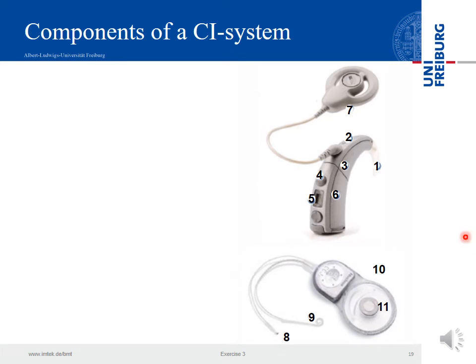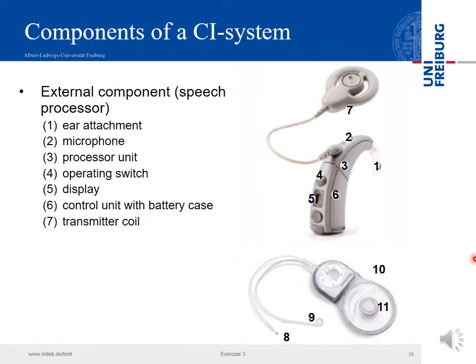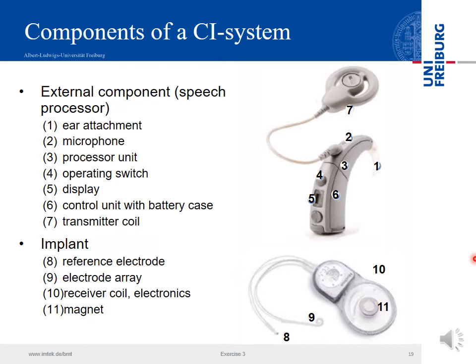Here we go, another version from another company of that system. This is the implant, having the coil with a magnet, having, left to that number 10, the implant package with the electronics, having a curled electrode array, number 9, that goes into the cochlea, and having as aid the reference electrode that is outside the cochlea, and I'll tell you later on what this reference electrode is good for.